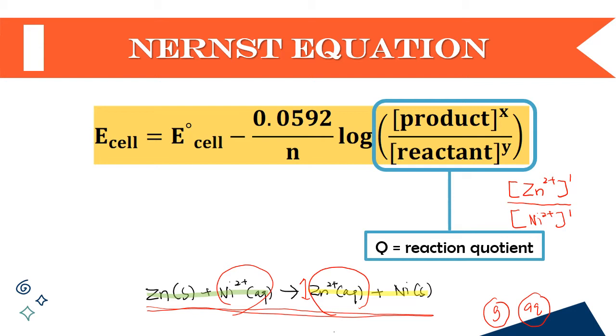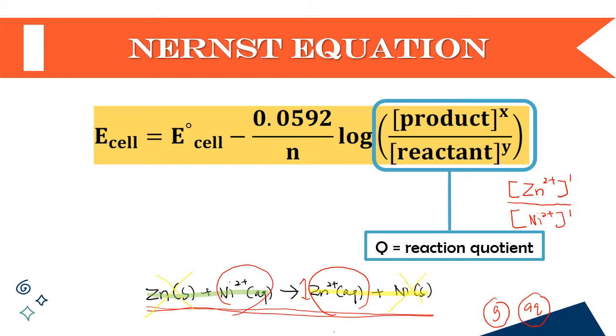As you can see, I did not take the values of zinc and nickel, because zinc and nickel are in solid state. So that's how you write down your Q.